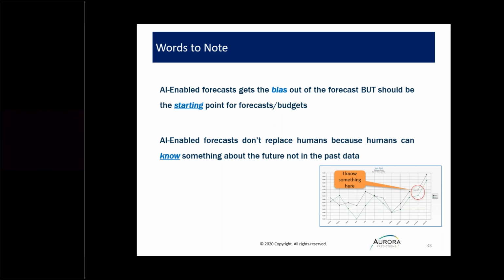I may know something that's going to happen in November, at the end of the year, that the data doesn't know. A major customer is going to come or a major customer is going to go. I may know something as a human from my field knowledge that I can add to the forecast that will make it more accurate. And that's why we call it blending man and machine.